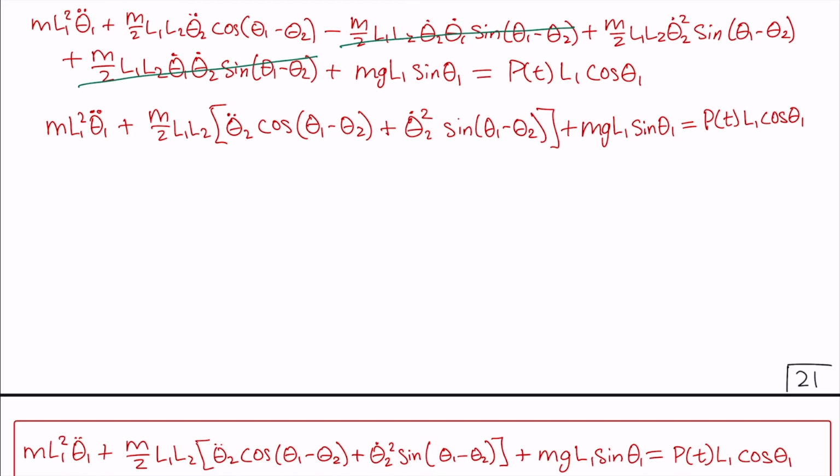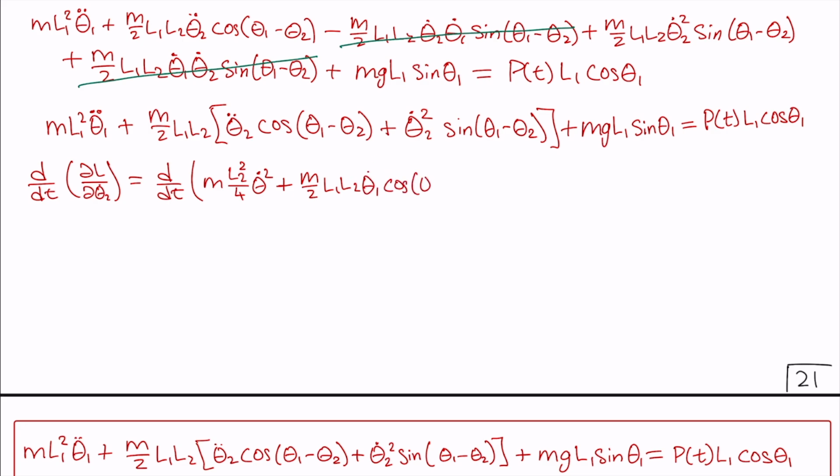Let's go ahead and now do the second equation. We're going to get d over dt of partial L over partial theta 2 dot, equal to d over dt times the quantity m L2 squared over 4 theta 2 dot squared plus m over 2 L1 L2 times theta 1 dot cosine of theta 1 minus theta 2.